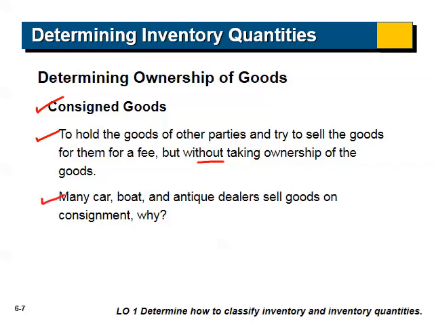Many car, boat, and antique dealers sell goods on consignment. Why? Well, because it's sometimes difficult to sell your own car or a boat or antique, so you need a company to help sell them for you in a store where you can have more volume. But the dealer itself does not own the merchandise.